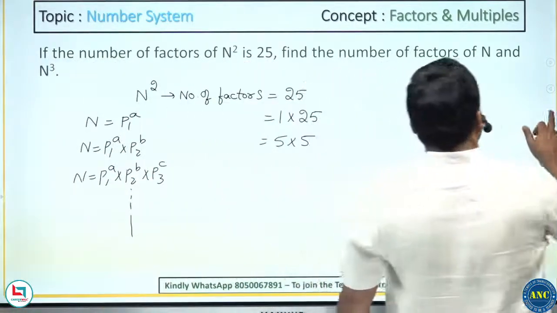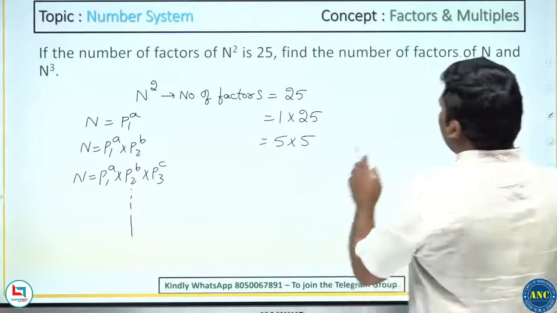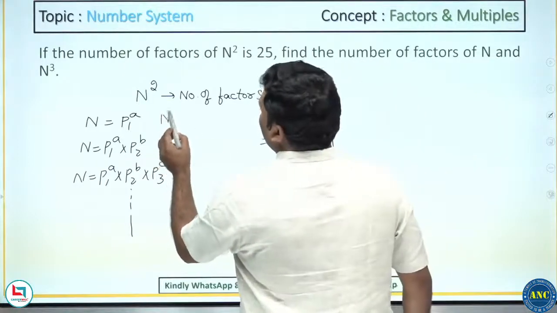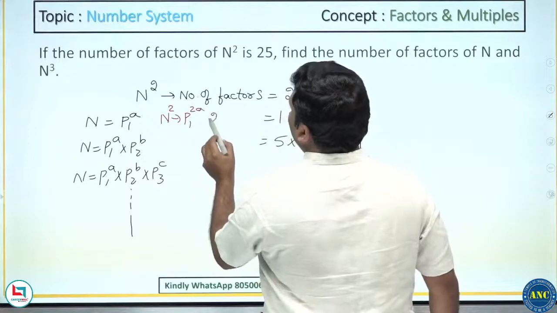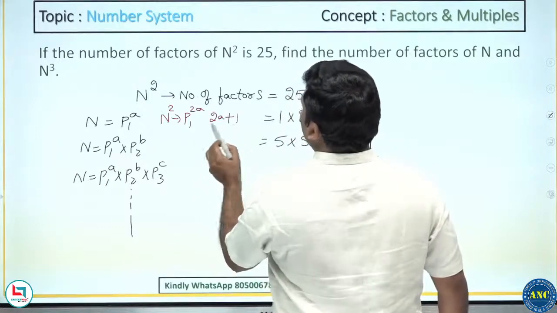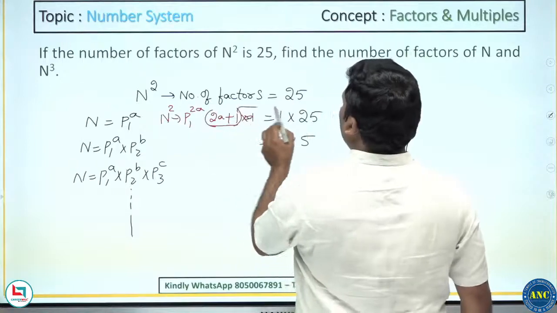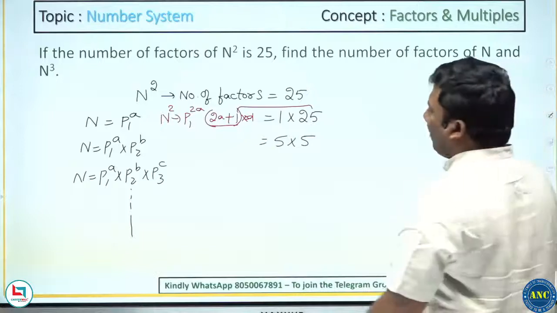Now see here, what is it that we discussed? p1 power a. So n square will have p1 power 2a. The number of factors will be 2a plus 1 into 1. 2a plus 1 is equivalent to 25, so 2a is equivalent to 24.